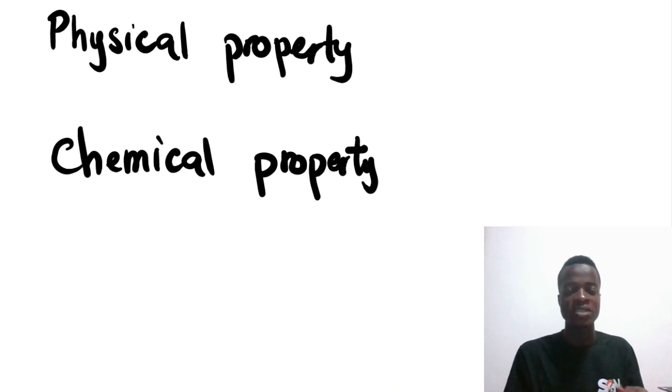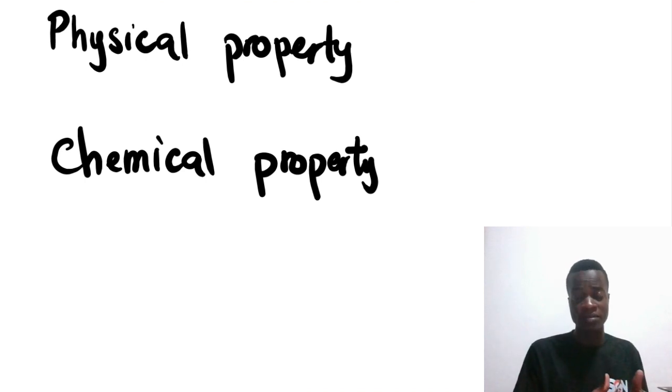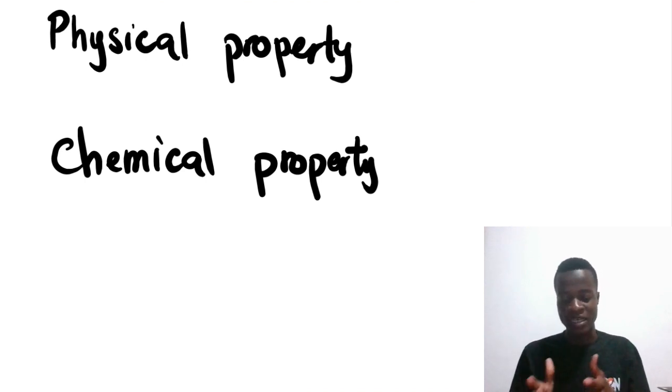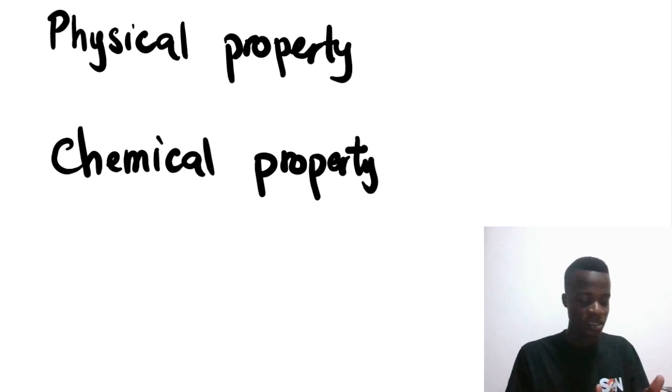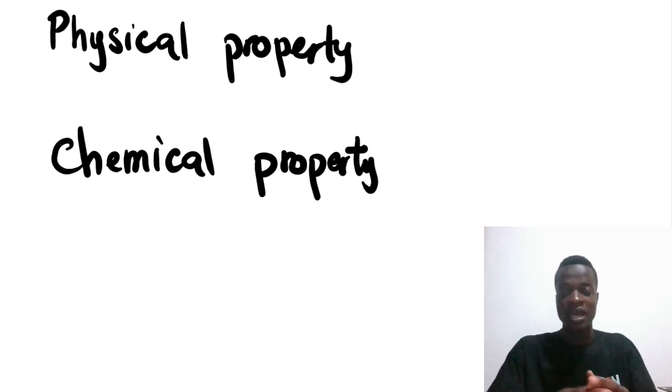After matter transforms into a new substance, we want to see if the composition of the changed substance is the same as the previous one or it has changed. If it's the same, then it's just a physical property. But if the composition has changed, then it's a chemical property.